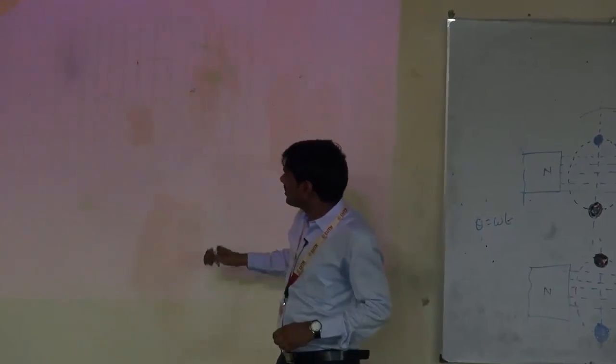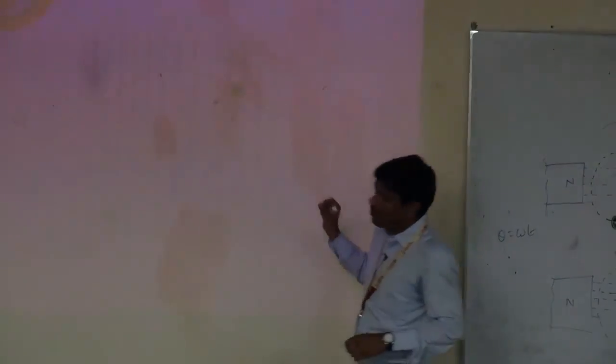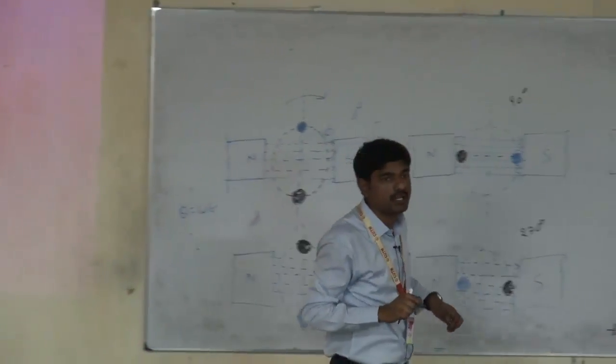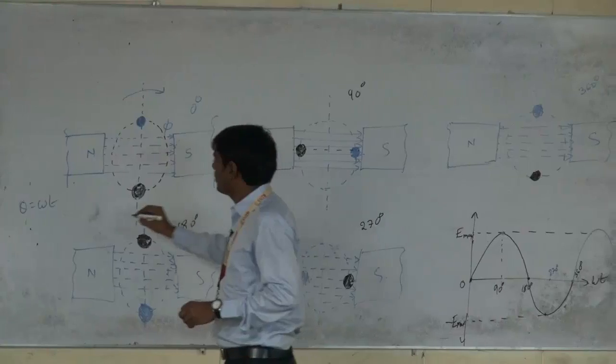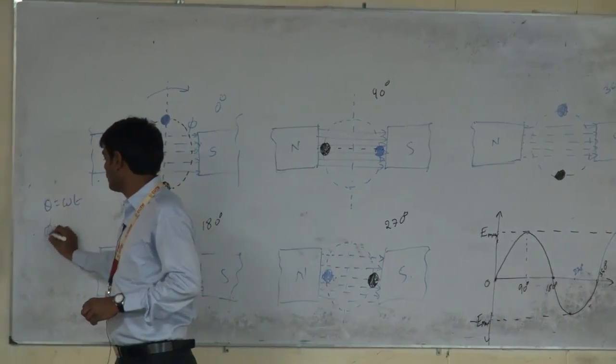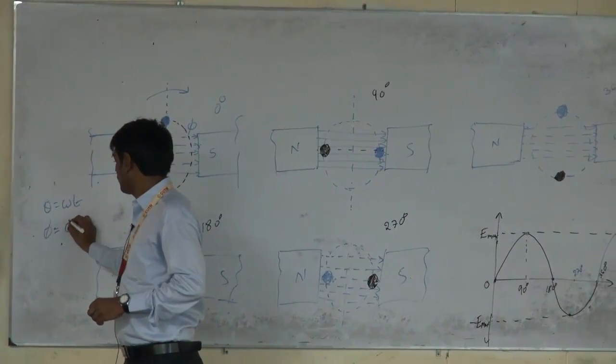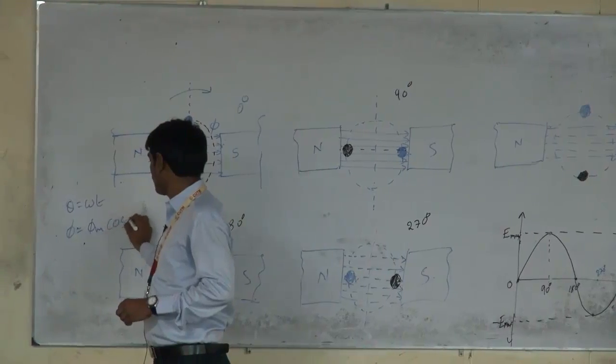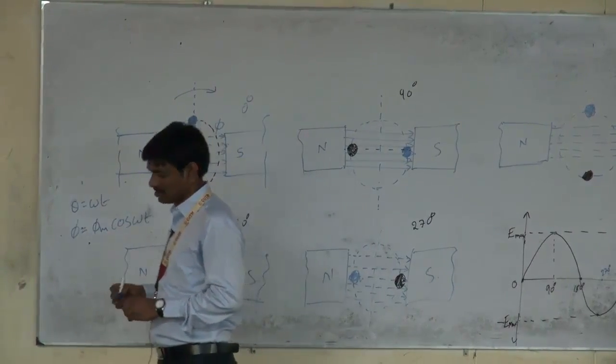To get the flux at that point, phi is equal to phi m cos omega t, or cos theta.